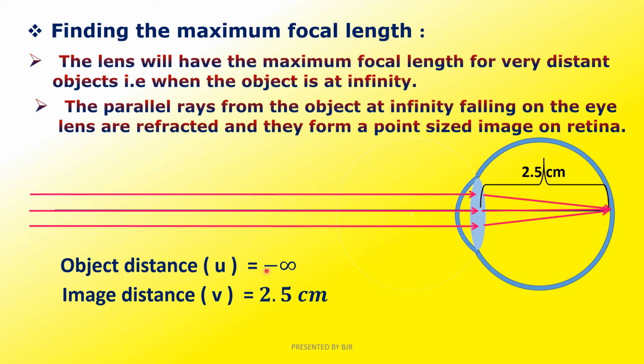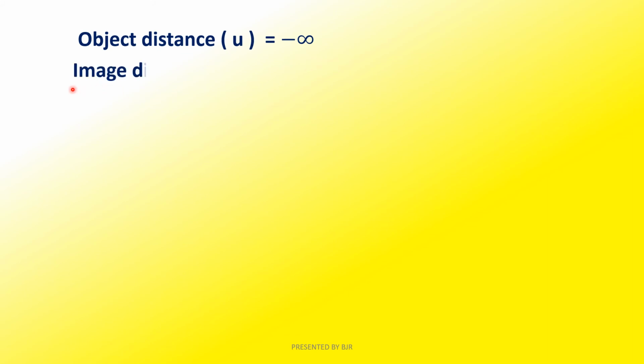Once we know u and v, we can calculate the f value, that is the focal length of the eye lens, by using the formula 1 by f equal to 1 by v minus 1 by u. So here the object distance is u equal to minus infinity and image distance is fixed, v equal to 2.5 centimeters.